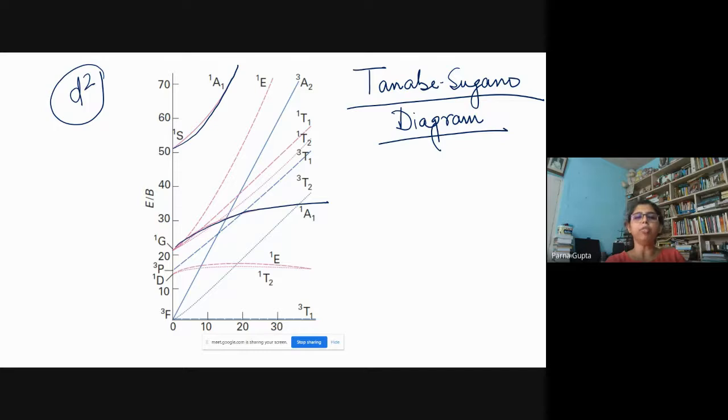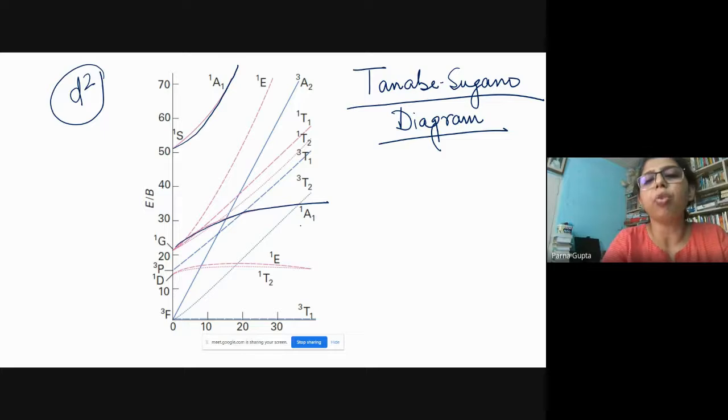So what you have to do: let's say you have this structure, and it is given that this is a d2 system, and then you will be asked, let's say this is a chromium cyanide complex, and you know that cyanide is a strong field ligand, then you will be asked what transition you expect from that.